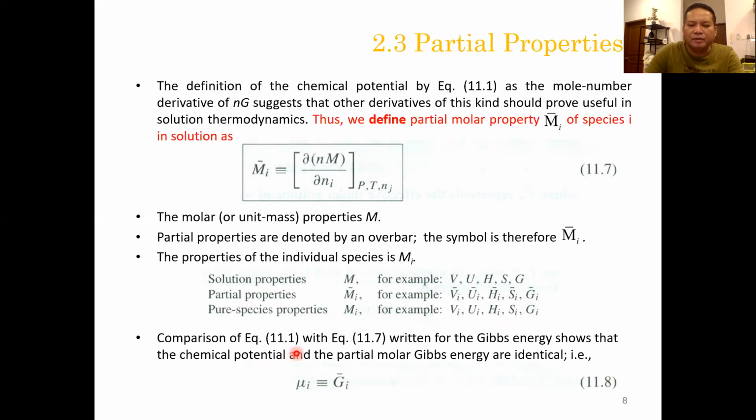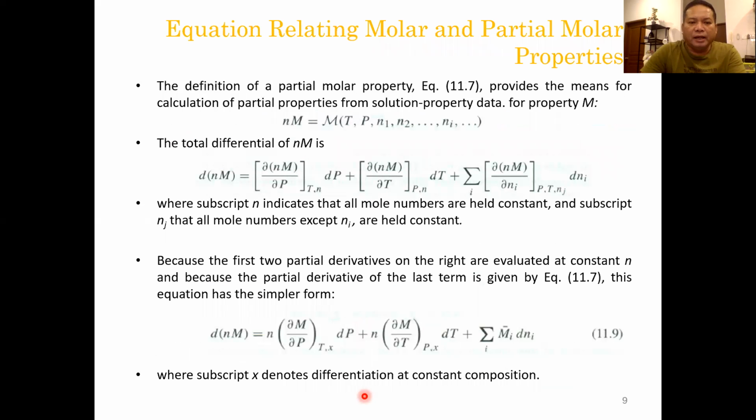From comparison of equation 11.1 and 7, we find that the chemical potential is equal to the partial molar Gibbs energy. The definition of partial molar properties provides the means for calculating partial properties from solution property data. This is M, the number of moles times the molar property, and it is a function of T, P, and the number of moles of all the other chemical constituents.